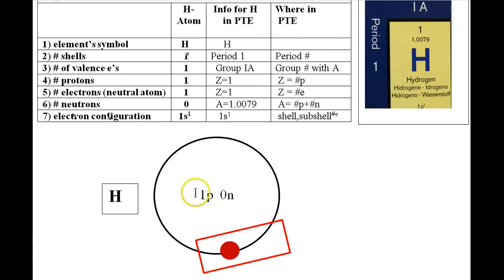In the nucleus, we have 1 proton and 0 neutrons. We have 1 shell, and we have 1 subshell that we call s, and in this subshell, which is on shell 1, there is 1 electron. This is exactly what 1s1 tells us.